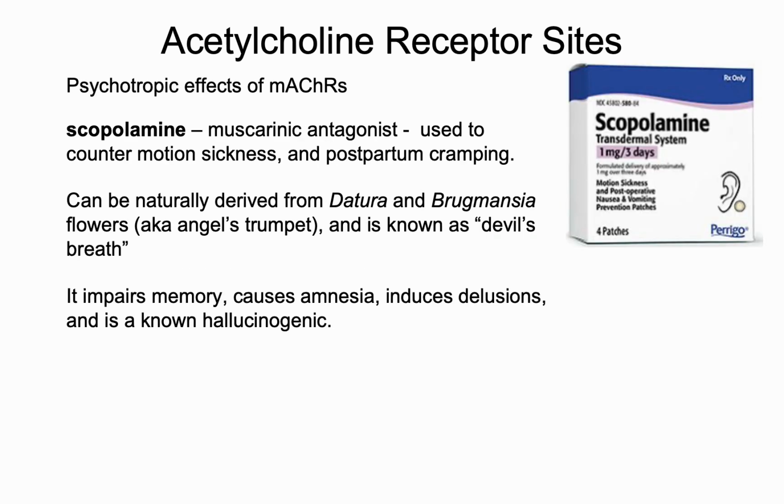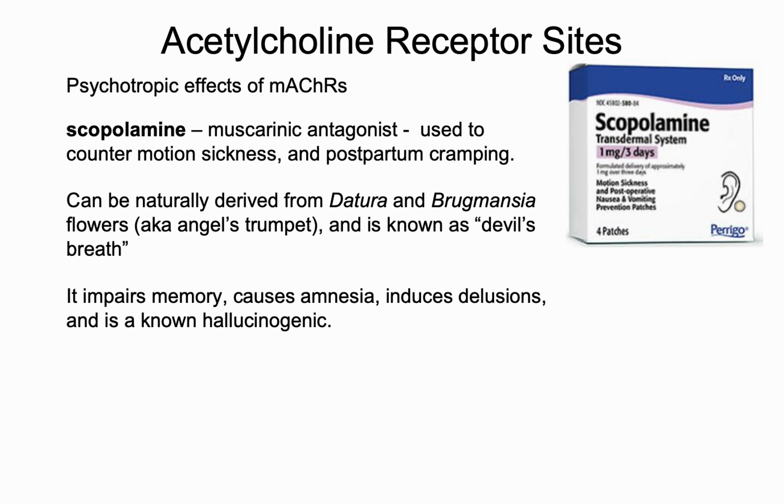Now we're going to talk about psychotropic effects of muscarinic receptors. Psychotropic is a term that means relating to drugs that affect a person's mental state. The first one we're going to talk about is scopolamine.